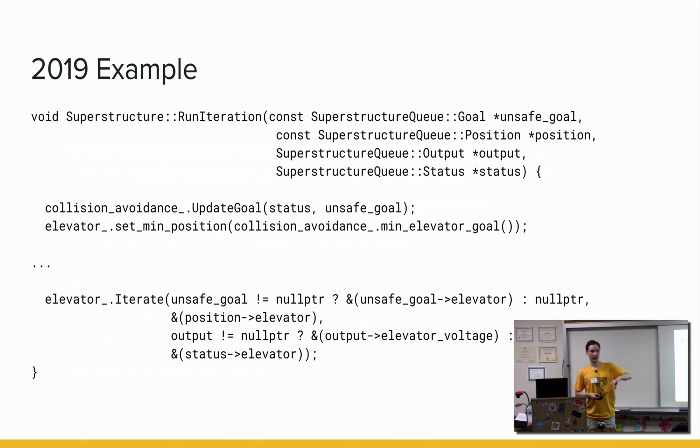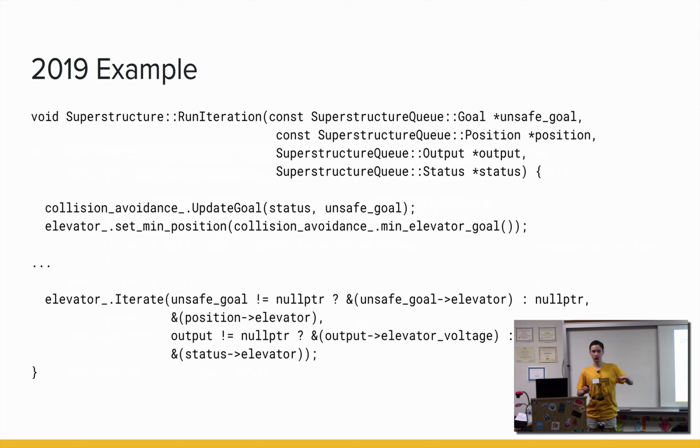Let's say one thing the robot did was, the wrist couldn't move past the elevator to the opposite side. It had to go up and over the elevator. So let's say we had a goal that had the wrist moving from the front side of the robot to the back side of the robot. What the collision avoidance code would do is, let's say the elevator was down and the wrist was facing forward.